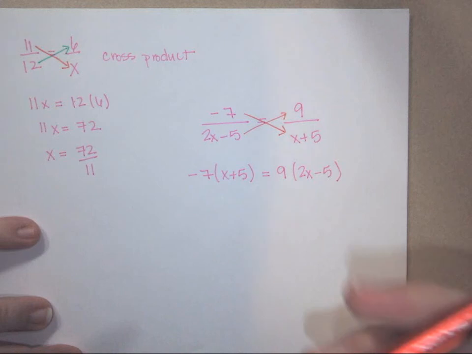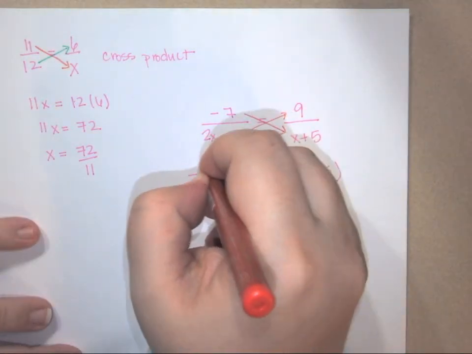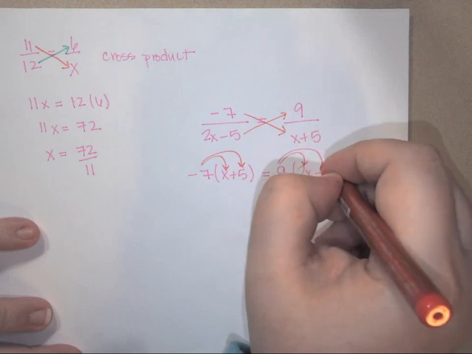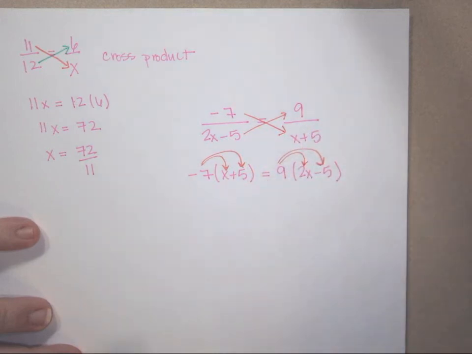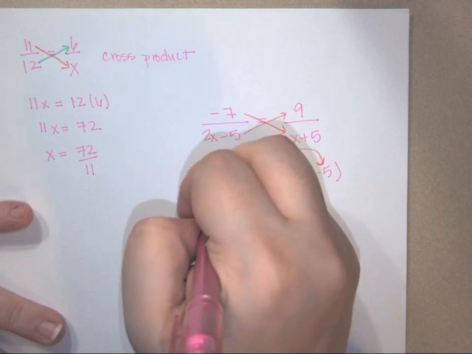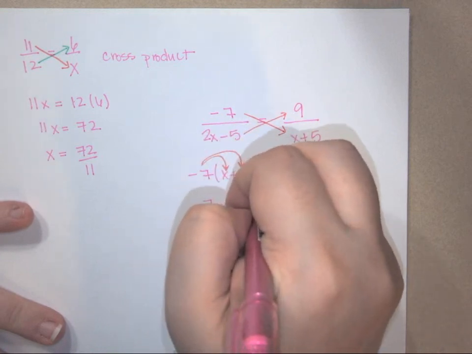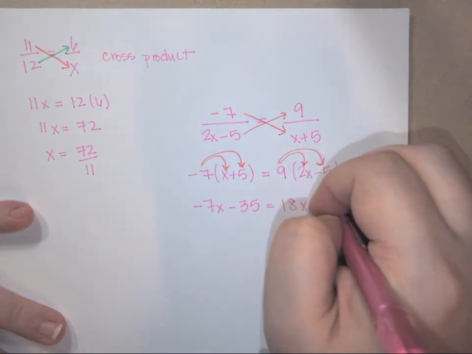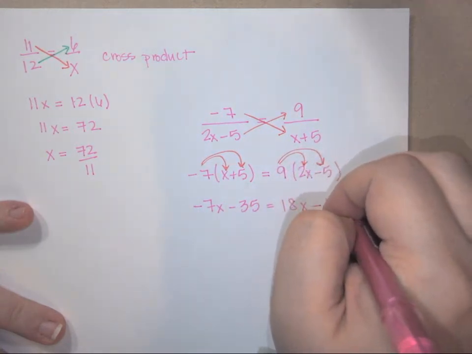Once we have that, we can go ahead and distribute through on both sides of my equation. Okay, so we're going to go ahead and distribute. So in this case, we get negative 7x minus 35 is equal to 18x minus 45.